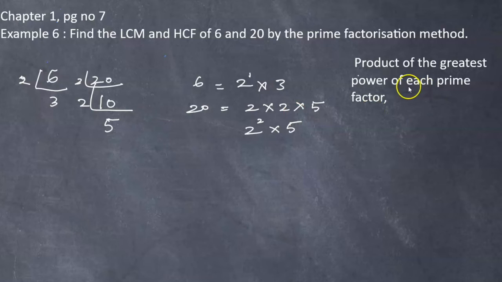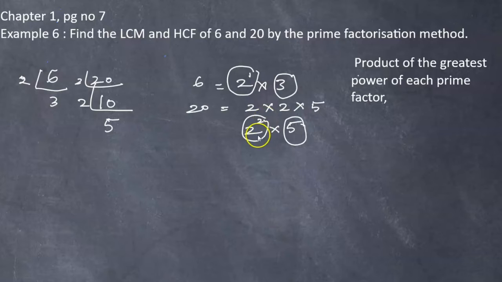So for LCM, the formula is the product of the greatest power of each prime factor. So the prime factors we have are 2, 3 and 5. In 2 we have these two, and the greatest power is 2 power 2. So 2 power 2 into 3.